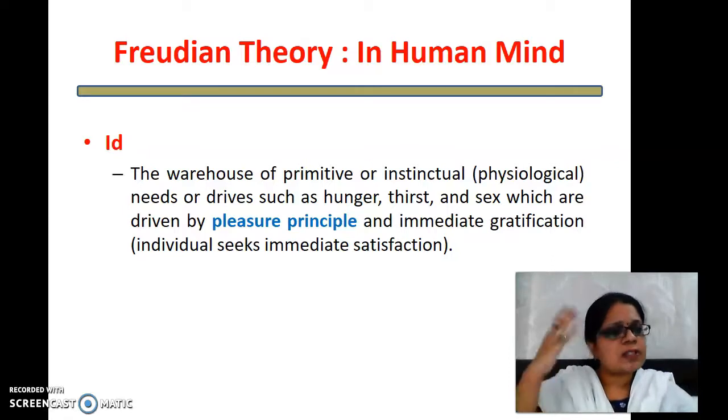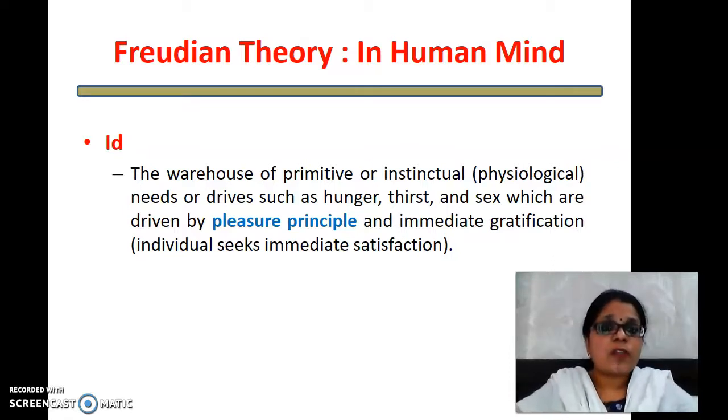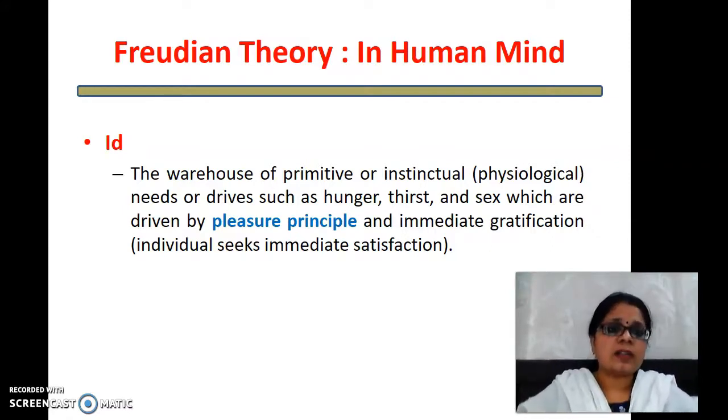Id is a psychological aspect which takes care of the needs or drives we as consumers have, like hunger, thirst and sex, which are driven by the pleasure principle. And we as consumers want immediate gratification without keeping anything else in mind. Whatever we have in mind, we always want to achieve at that point of time at any cost.